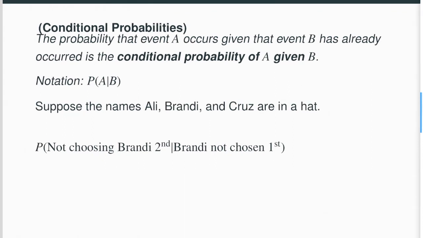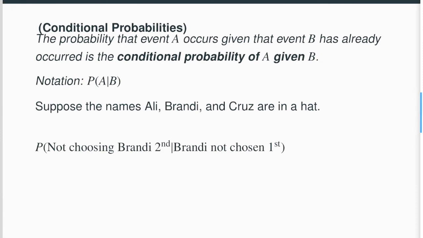If we have two events that are not independent, then when we're looking at the probability of one of them happening, it's really affected by the other one. So if we think about doing these in order and we say that event B has already happened, and then we want to know the probability that A is going to happen as well, we're looking for the probability that event A occurs given that event B has already occurred.